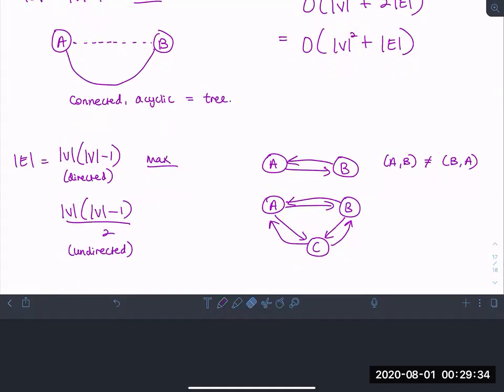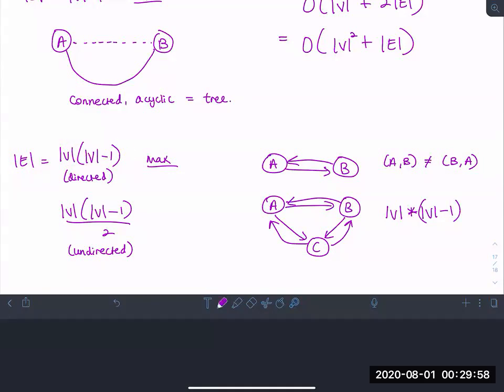For every vertex in my graph, I could draw an edge to every other remaining vertex in my graph. So if I have a total of V vertices, for each of them, I can draw an edge to a total of V minus 1 vertices. That means I just need to multiply these quantities, and that's exactly what I get here.